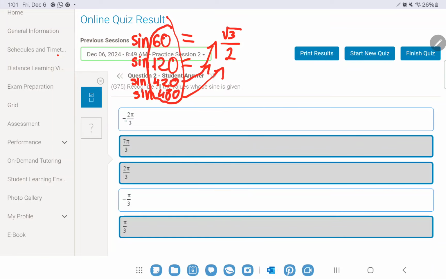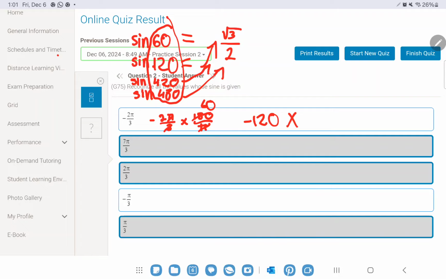So let's see. -2 pi over 3. We need to convert from radians to degrees, so you're doing times 180 over pi. Cancel pi with pi. 3 with 180 becomes 60. This is -120. Is -120 an angle that gives you radical 3 over 2?